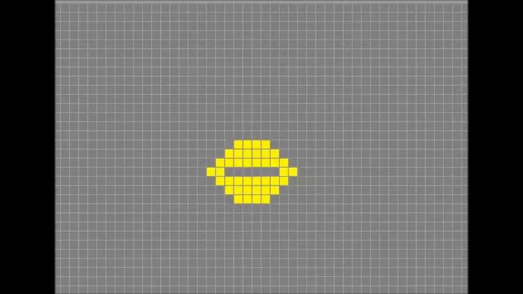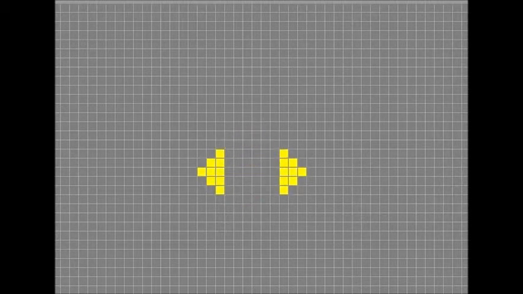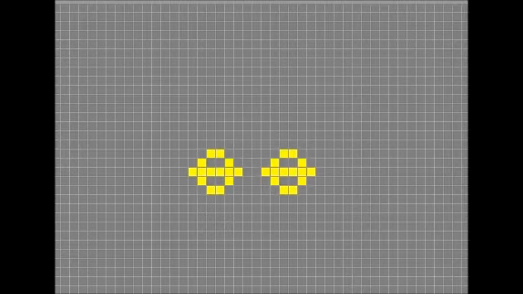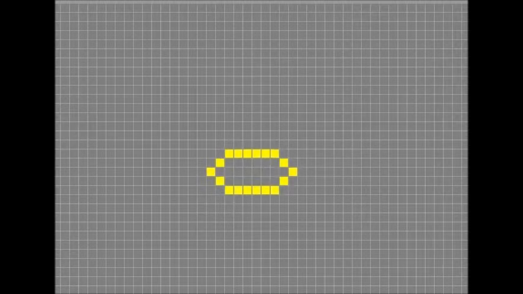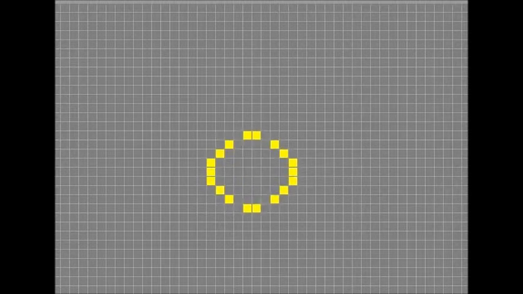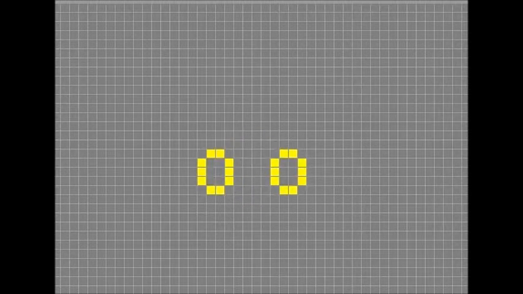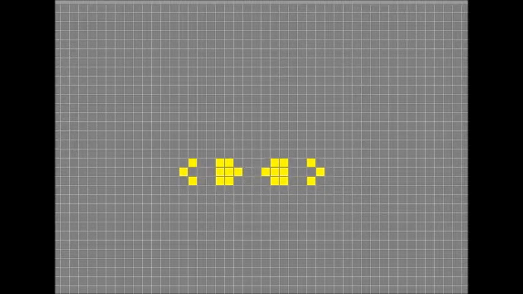Starting out as a row of 10 blocks, this structure quickly evolves into the 15-generation oscillator known as the pentadecathlon. We'll see it here first in slow motion, and then we'll speed up the generations to show you what it's like at a quicker generation rate.